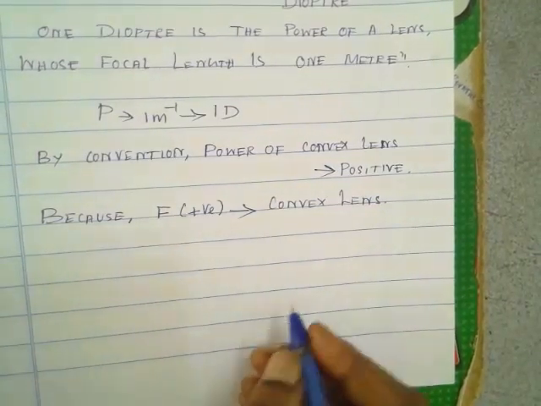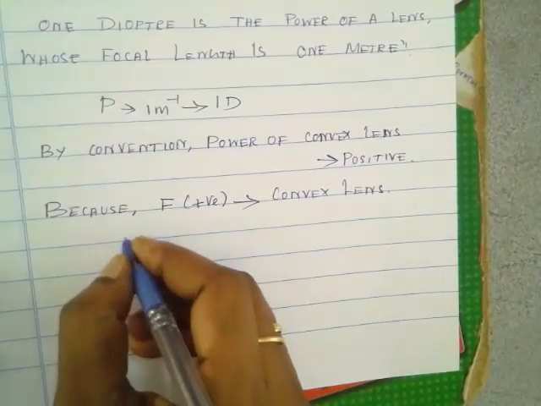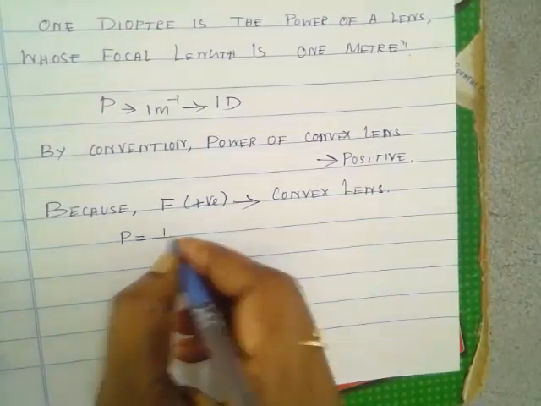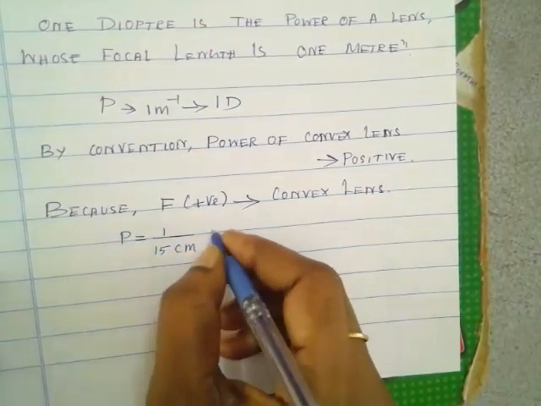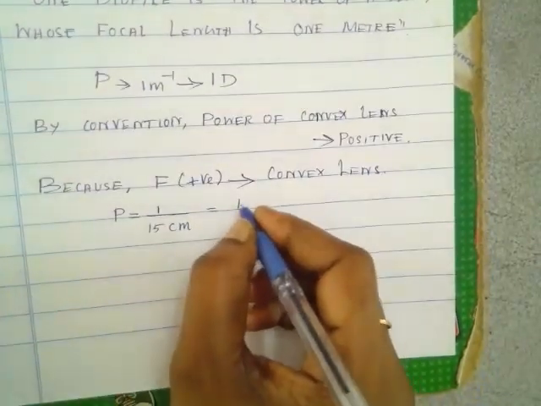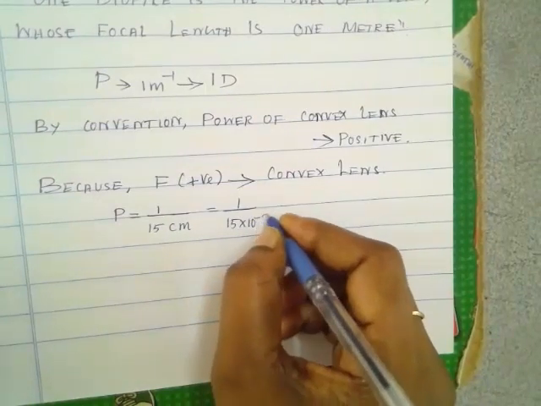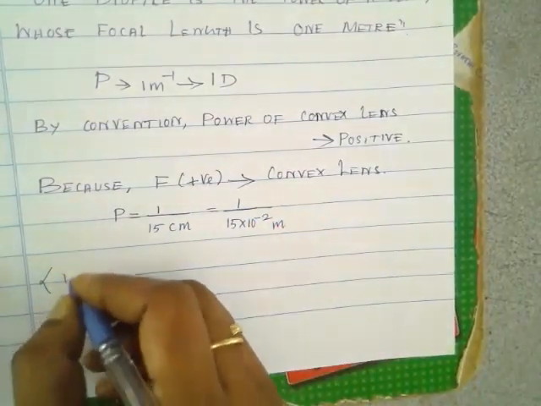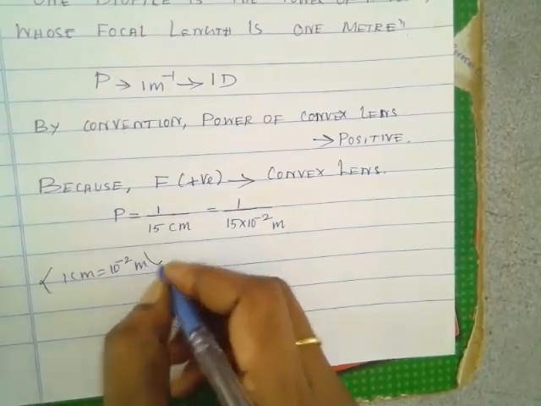By measurement, suppose I take a convex lens. For example, the focal length of that convex lens is 15 centimeter, which is converted into meter, that means 1 divided by 15 into 10 power minus 2 meter. That means 1 centimeter is equal to 10 power minus 2 meter.